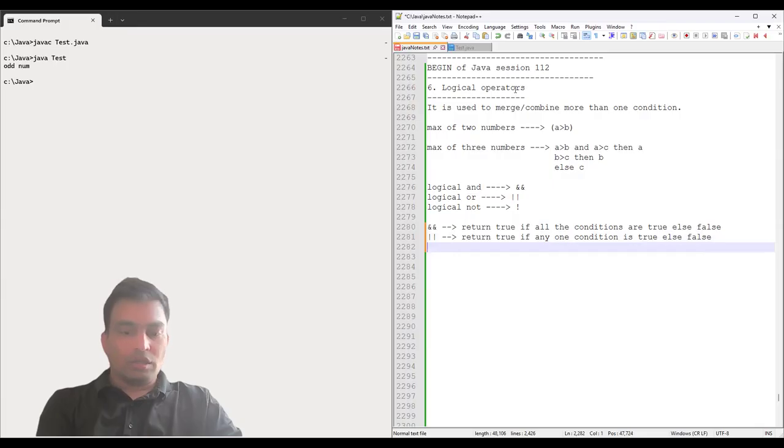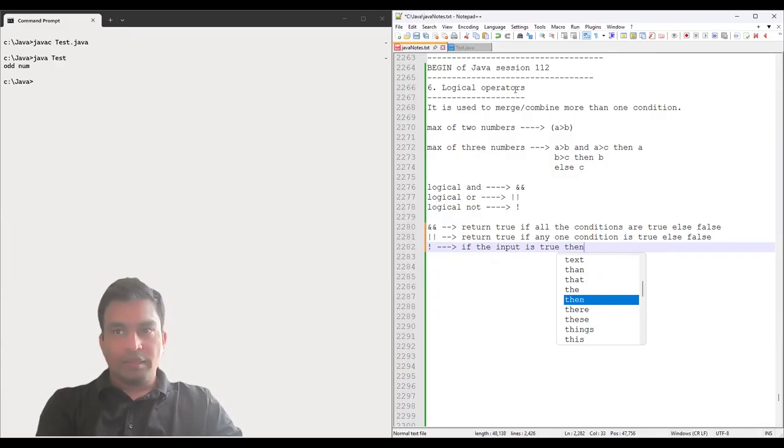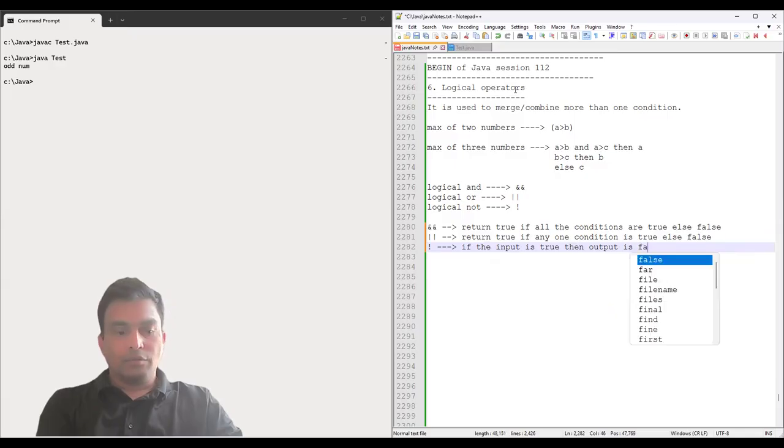And not, if the input is true, then output is false and vice versa.